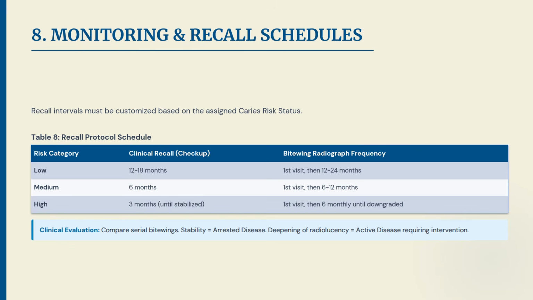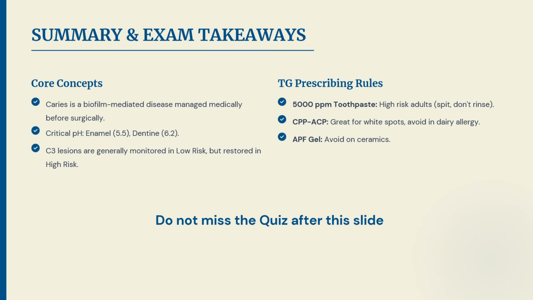Now, medium risk, you're asking them to visit every 6 to 12 months. And then the high risk, you always recall at 3 months until you're confident that the risk level went backwards, from high to medium or low. Until you're satisfied, you ask them to visit every 3 months. That's what it says here. First visit, then once you are in the process of stabilizing, you can go 6 monthly until downgraded.